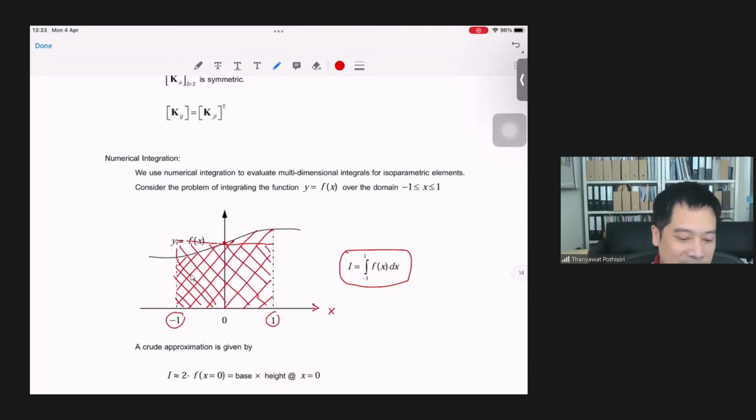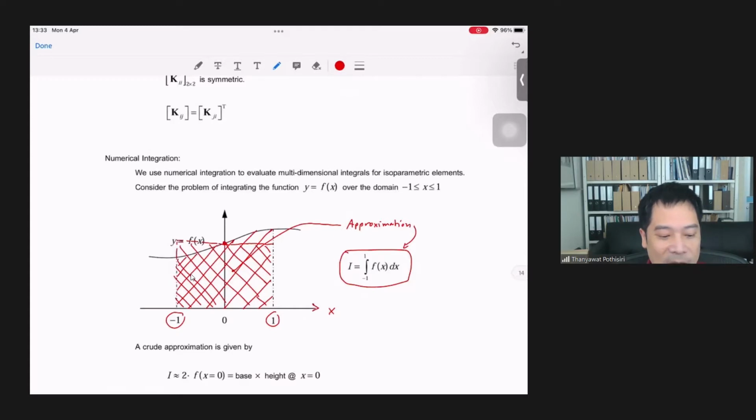Okay, so this area would give you the approximation of this integral right here. Okay, so this is one way to do it. So by selecting a point here on this curve and then use that point as a representative value to compute the area under the curve.